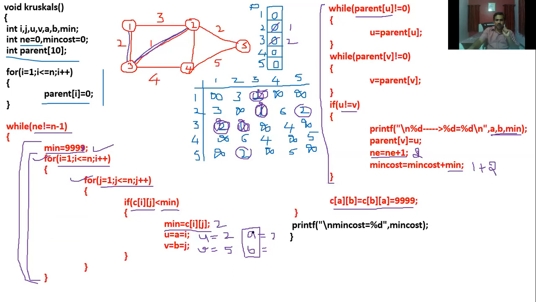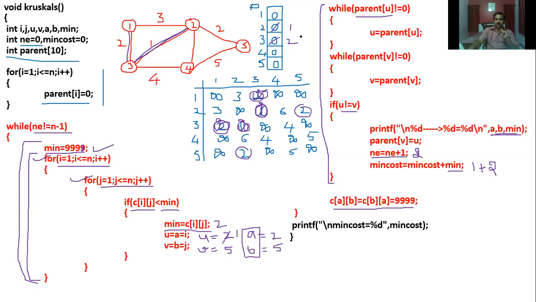Even both these A and B are also the same as U and V. Parent of 2 is 1. Not equal to 0, yes, true, get in. U is equal to parent of U. For 2, parent of U is 1. U will now be parent of 2, that is 1 here.